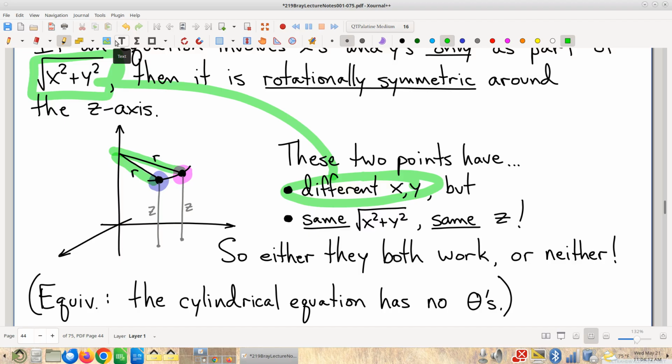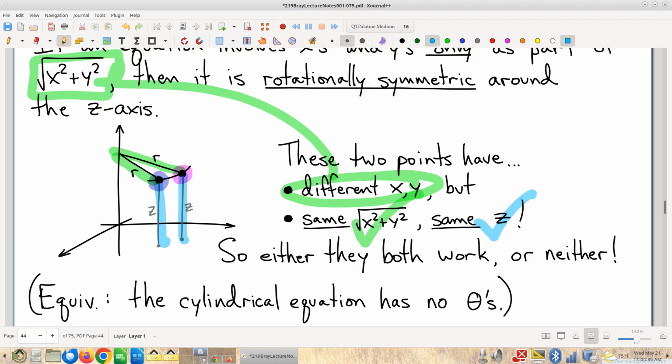So as far as maybe not the immediate arithmetic of the equation, but the eventual, once you plug into that expression square root of x squared plus y squared, the eventual arithmetic of the equation involves the same square root of x squared plus y squared, the same z.